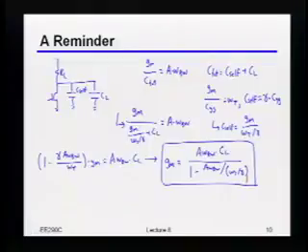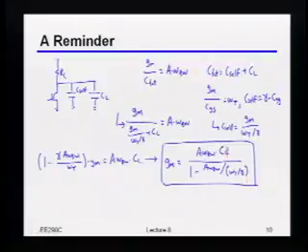As a reminder, GM is always just gain bandwidth times load cap. And for those of you who are digital guys, I can turn that into CVF very quickly by using a V star in one place. So your GM is always just the gain bandwidth times the load cap.